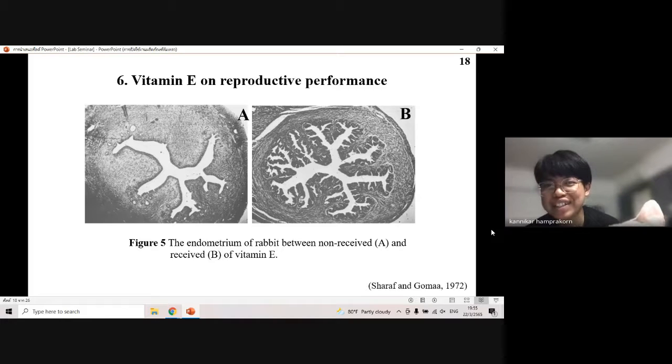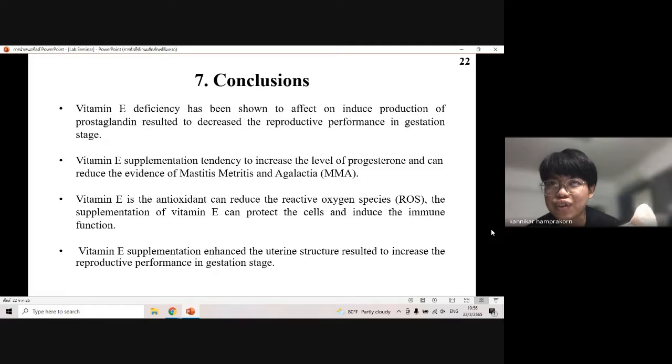So I have some suggestions on your conclusion. I'm a little bit confused about the first paragraph and the last paragraph. In the first paragraph, you comment that vitamin E shows induced production of prostaglandin, and this will decrease the reproductive performance.